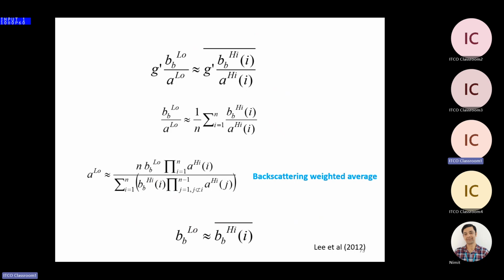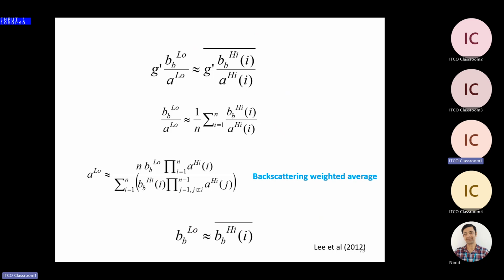As I mentioned, if you have a pixel with high backscattering, that means more photons come out from that high backscatter one, so it will have more weight in the measured total signal. That's why this low resolution absorption is really weighted by bb. So it's a backscatter weighted average.